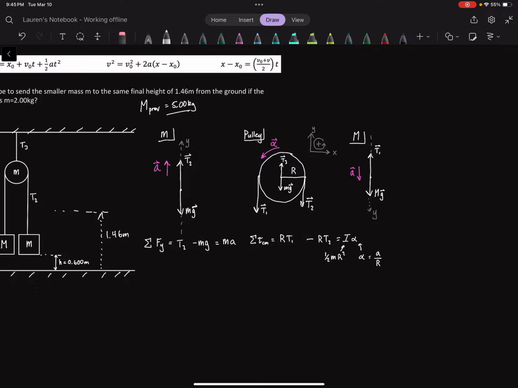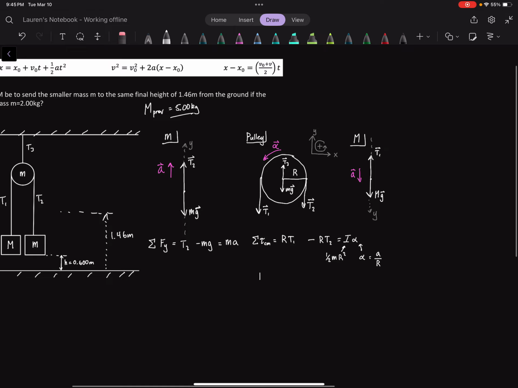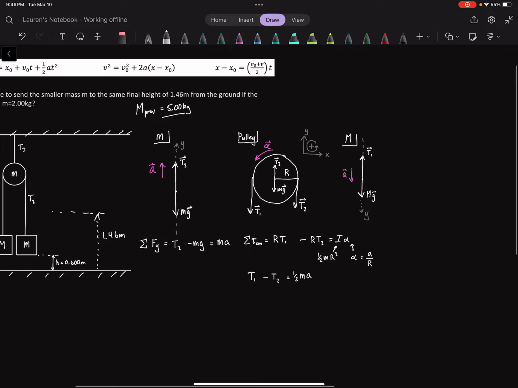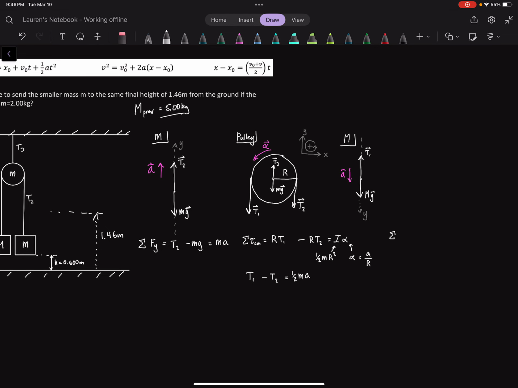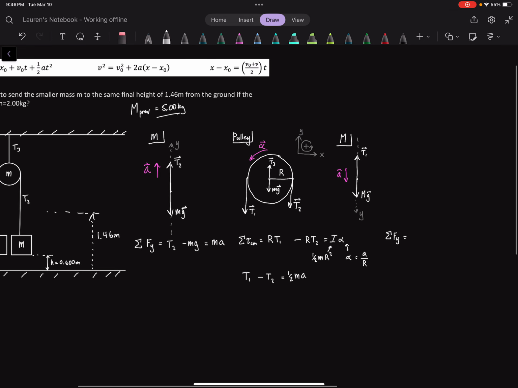So if you see, all the r's are going to cancel. So we're going to have T1 minus T2 being equal to 1/2 ma. Nice and simple. And then for this final equation for this big M, which I've kind of scrunched in, sum of the forces in the y, we have acceleration down, so we have big M g minus T1 equals big M a.